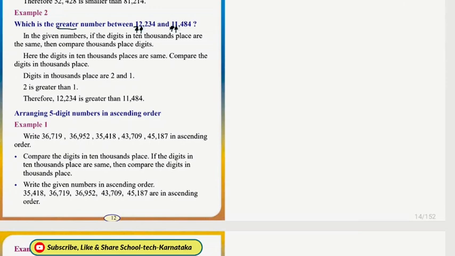And definitely we know that 2 is greater than 1. So here we have 12,234 is greater than 11,484.